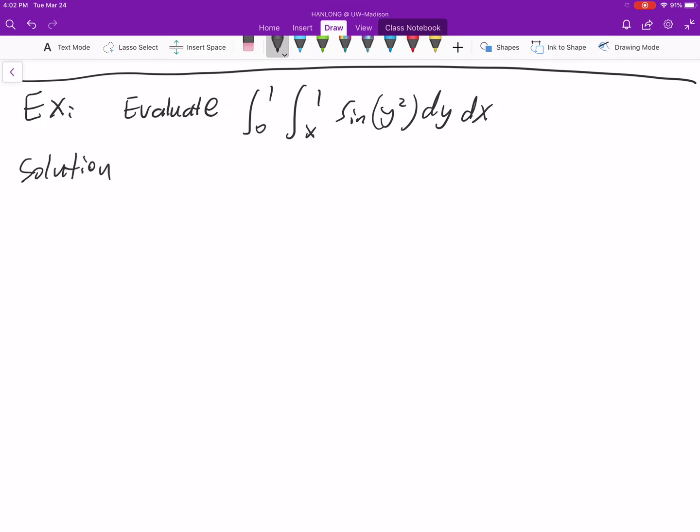So first, let's draw the picture for the domain. Here the domain is given by x from 0 to 1, and y from x to 1. Therefore, what you have is this part.